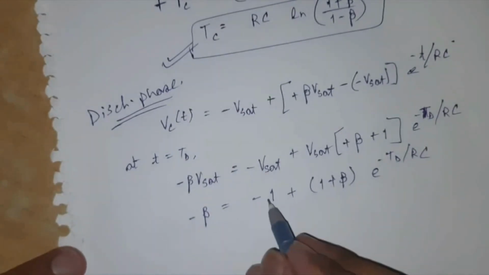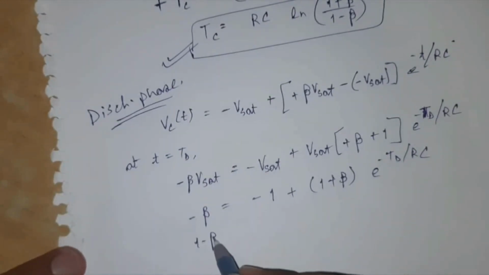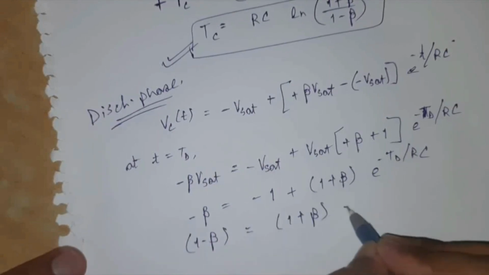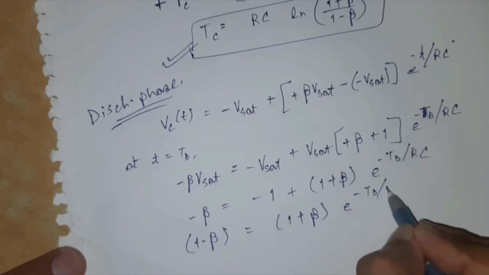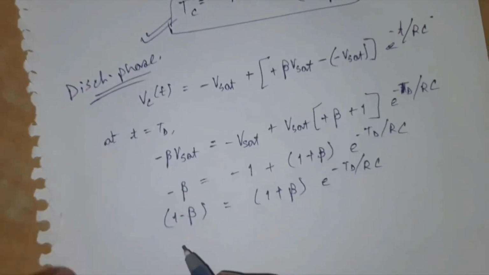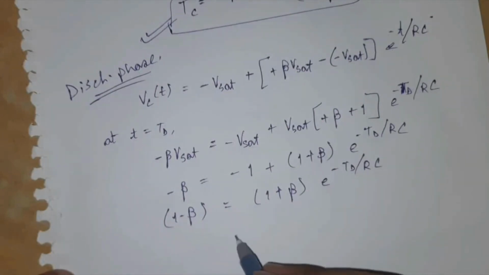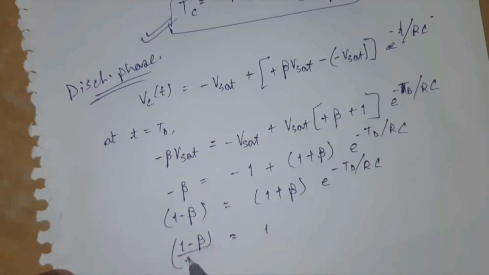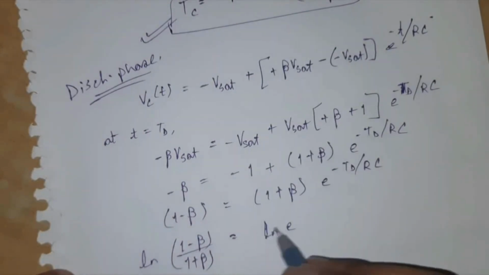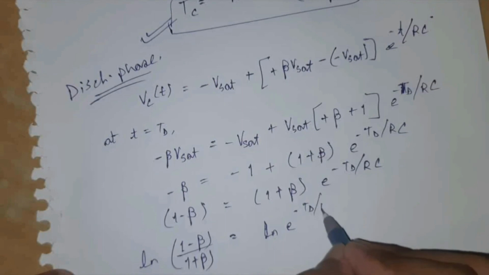Then just bring it this side: 1 minus beta is equal to 1 plus beta, e to the power minus Td by Rc, and then taking natural log on both the sides, we get, bring this on the left side, ln of 1 minus beta upon 1 plus beta. Here when we take the natural log, e to the power minus Td by Rc.